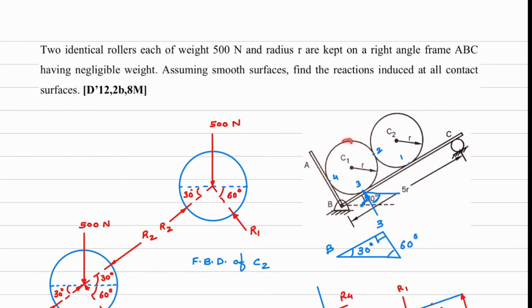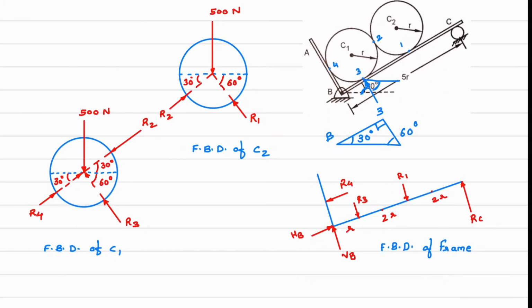Okay, now for roller 1, the reaction is in this direction, but if you consider the frame, this roller is exerting the force in this direction, so that is why on the frame the reaction here you can see is towards point 3. Okay, then if you consider point 4, we have already drawn FBD of C1 and C2.